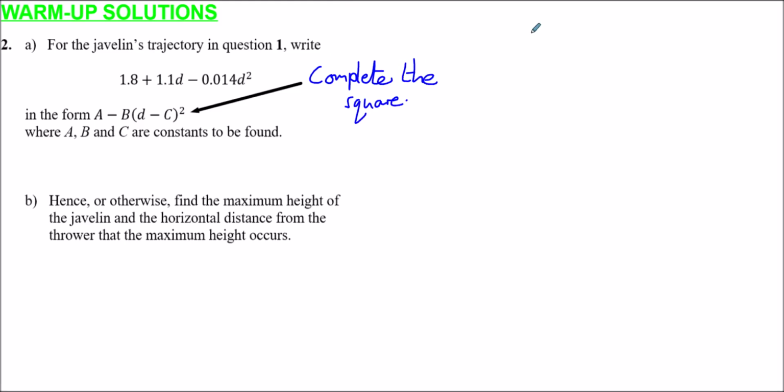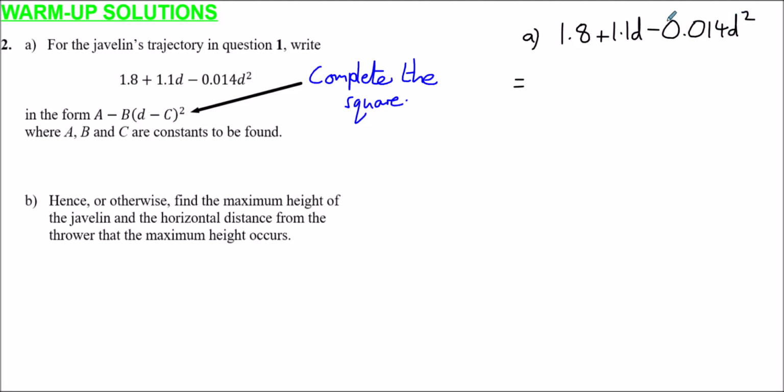So without the ClassWiz though, what I'm going to do is I'm going to show you how to complete the square step by step. So let's start with the initial expression. Now when we complete the square, what we need to do is factorise out any leading coefficient of the squared term.